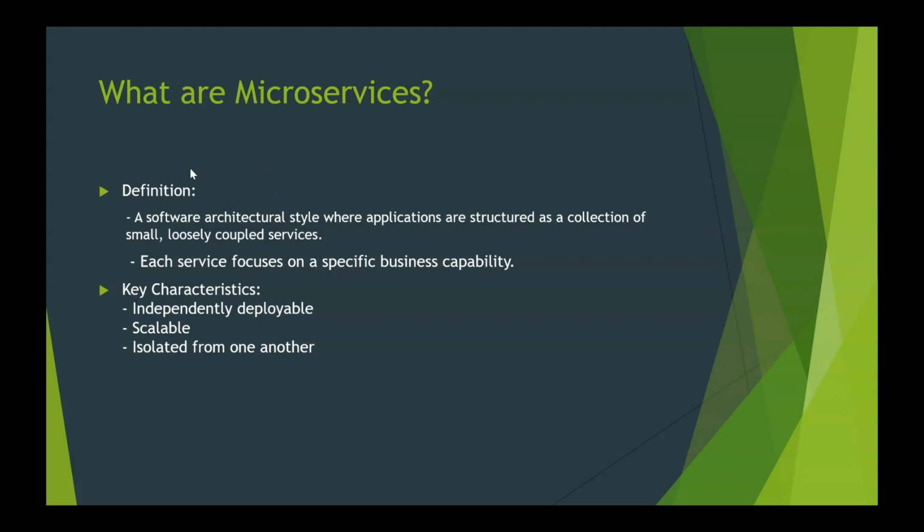They are scalable, so you can scale the microservices whenever you want. And they are isolated from one another, so that if one microservice goes down, all the others will be up and running, so your application functionality will still be working. Only the functionality which the down microservice was supporting will not work.